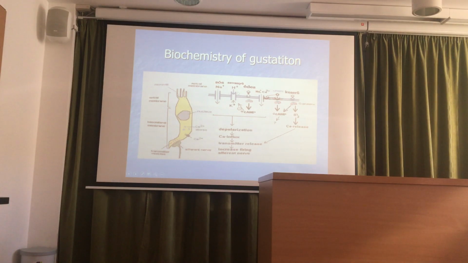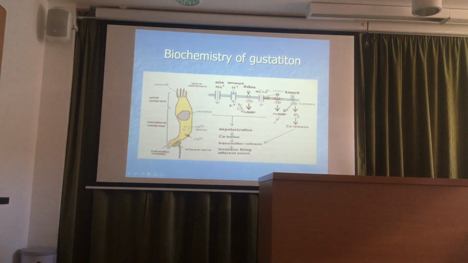If we eat some sour chemicals, or for example just eat sour cherry, lemon, and so on, the hydrogen ions will cause the depolarization. And if we eat something sweet, in this case the carbohydrates, there are some carbohydrate receptors, and if they pick up the carbohydrates, they will produce cAMP, and after it depolarization will happen.